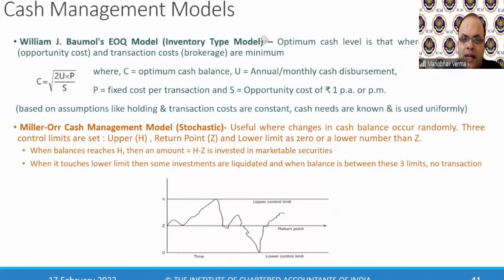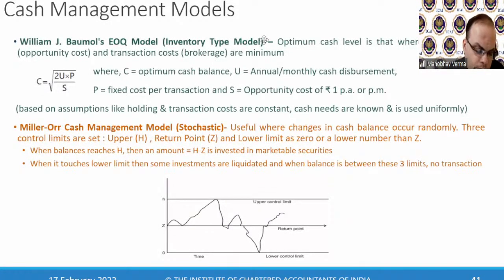There is a standardized formula for the optimum cash balance, which will be provided. It is based on my periodical cash disbursement, any fixed cost or charges per transaction, and also the opportunity cost, that is, the interest. So this is a model based on the EOQ model.